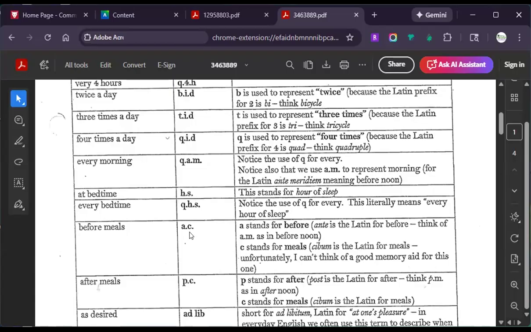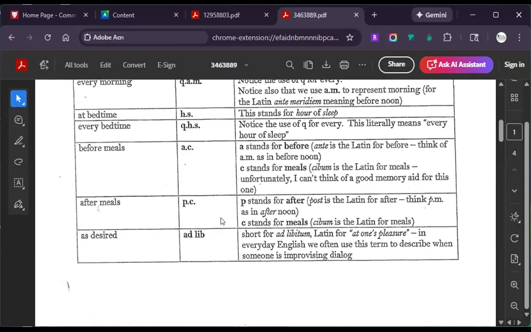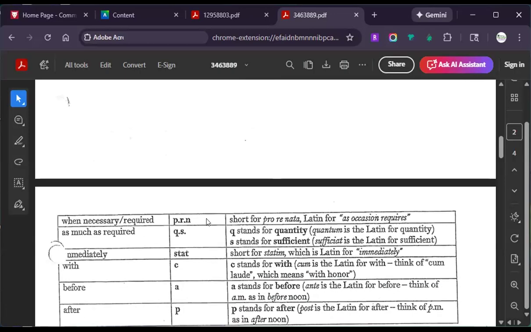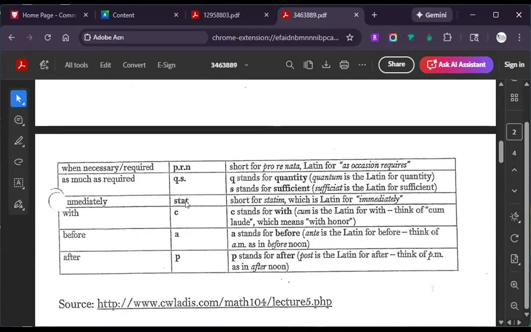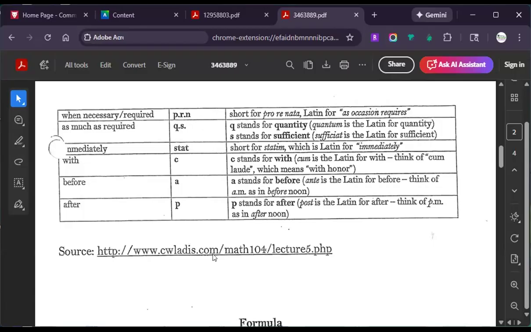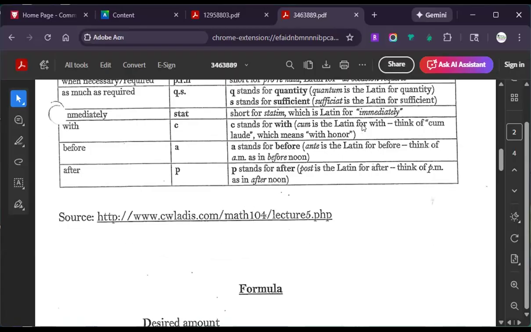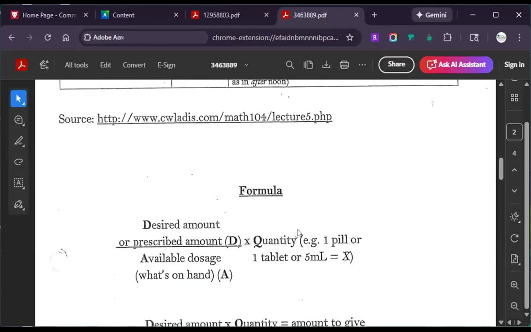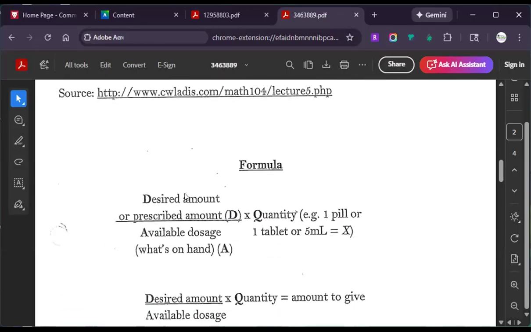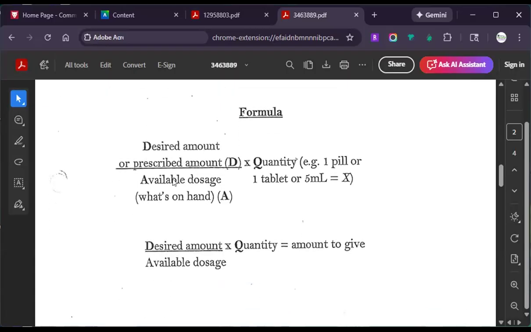You're going to see PRN, stat, BID, TID, QD. You're going to see all those things. I got that information from this website. It was a while ago, so I don't know if it's still live. This is again another written out version of the formulas, desired over have or ordered over available.